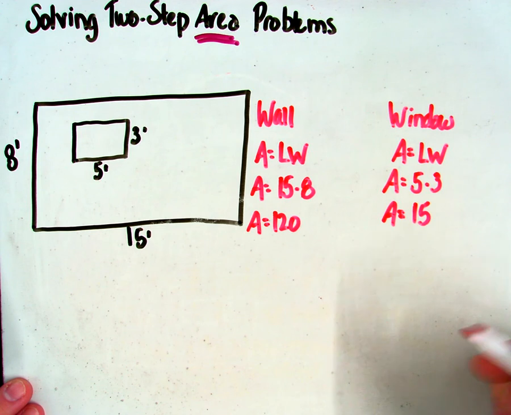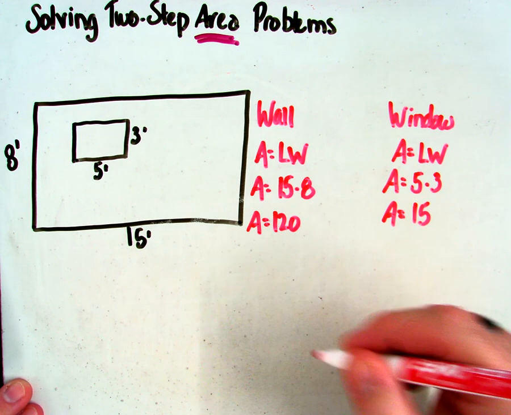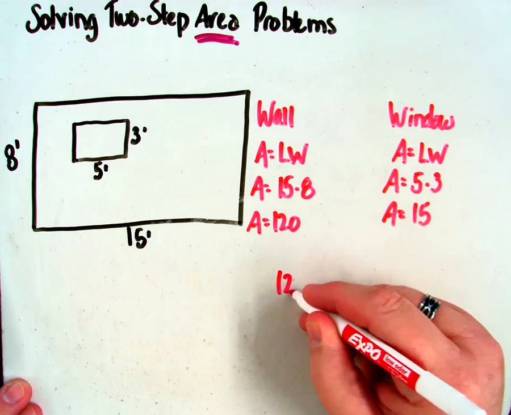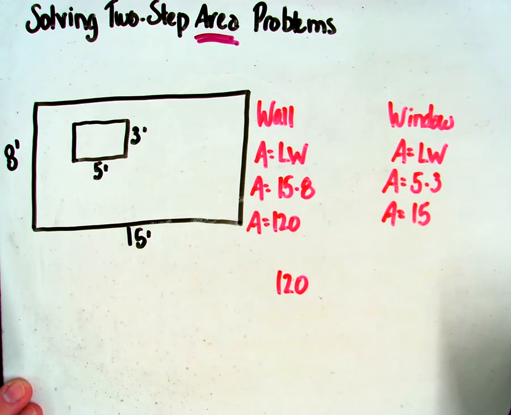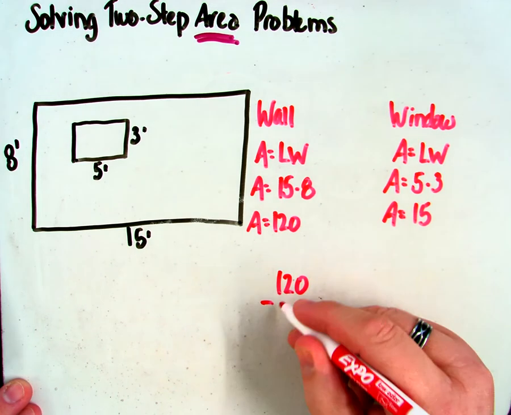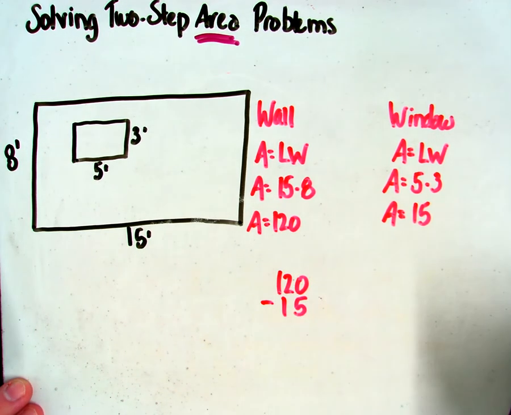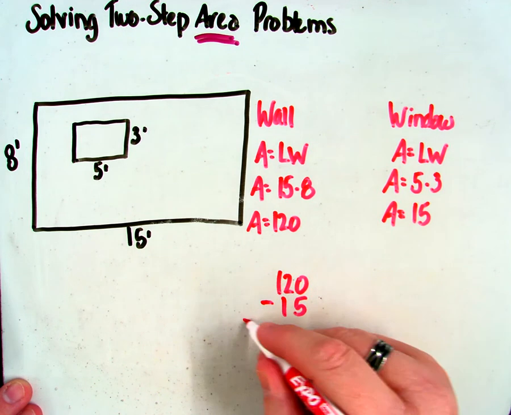Now here we have to find the difference. And when you find the difference, you subtract. So we have 120 square feet in our wall, less 15 square feet in our window.